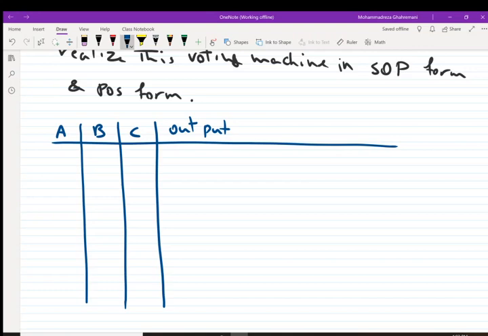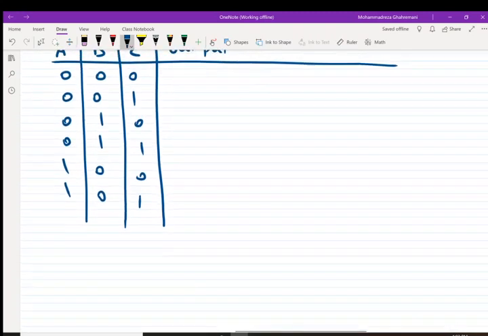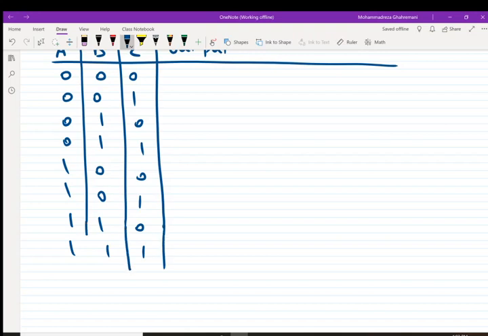Of course, 2 to the power of 3, which is 8. So the inputs are 000, 001, 010, 011, 100, 101, 110, and 111. These are 8 possible combinations.